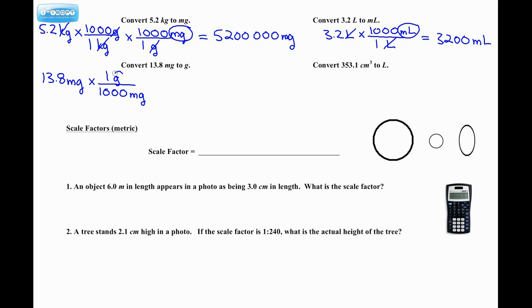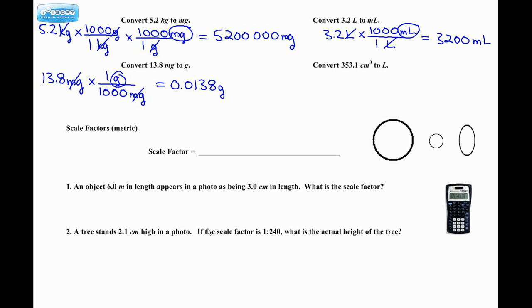And I'm done, because that's the unit I want. The milligrams cancel. So to work out this calculation, times 1 over 1,000. Well, that's just the same as dividing by 1,000. So in other words, the decimal is going to get shifted 3 spots to the left. So that's going to give me 0.0138, and I am now in grams.